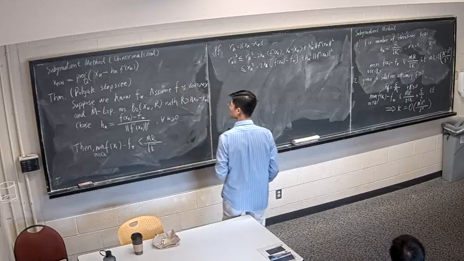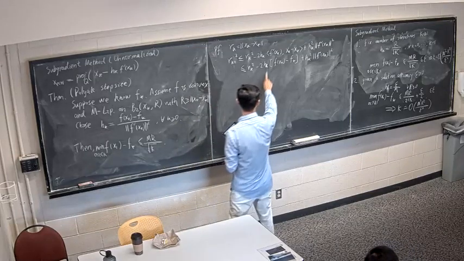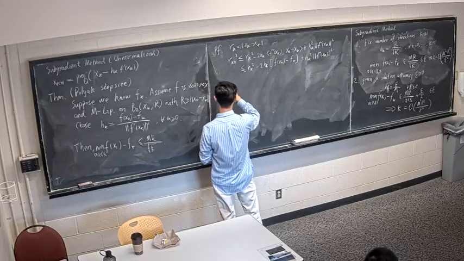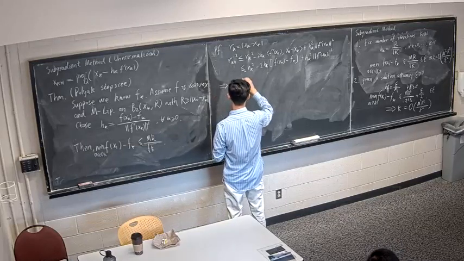And now let's use the Polyak step size. Just plug in this h_k. So this gives us R_{k+1} squared.